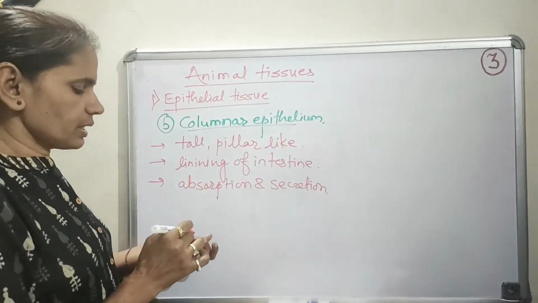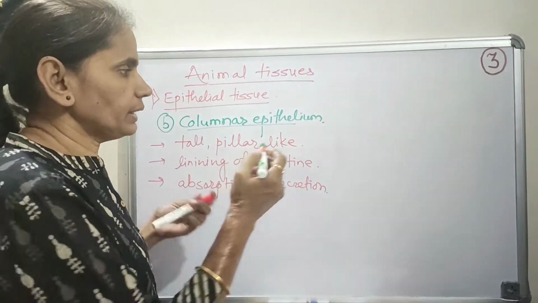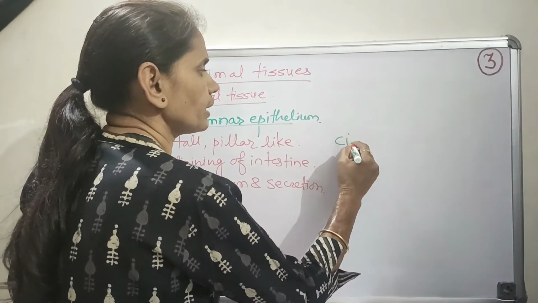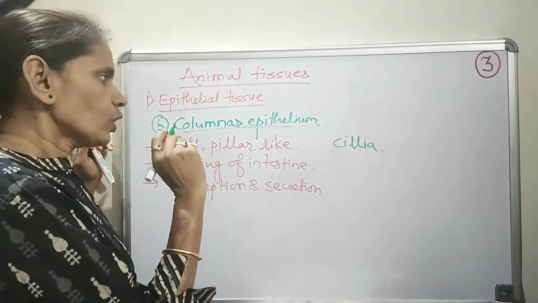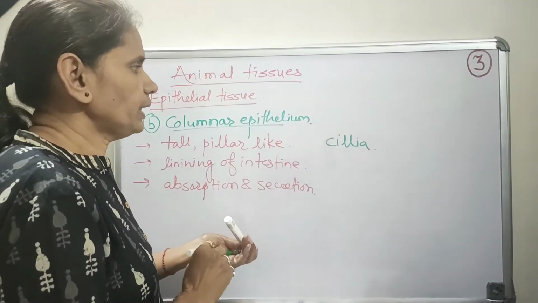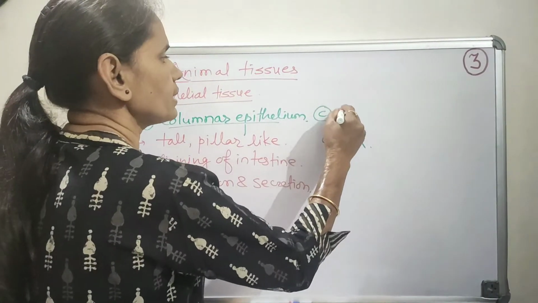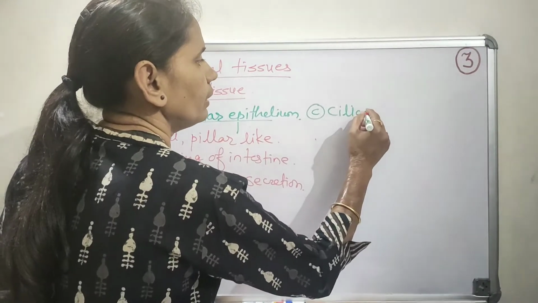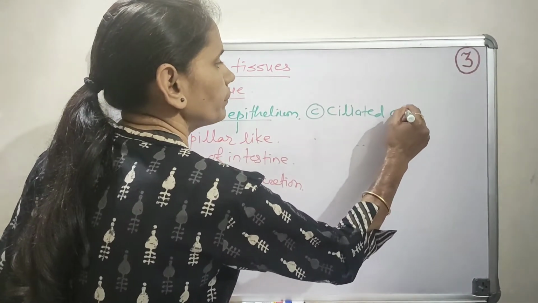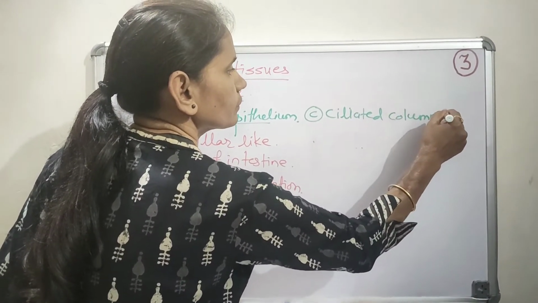Now in some cases, the columnar epithelium has external hair-like appendages that are known as cilia. Such an epithelial tissue is known as ciliated columnar epithelium.